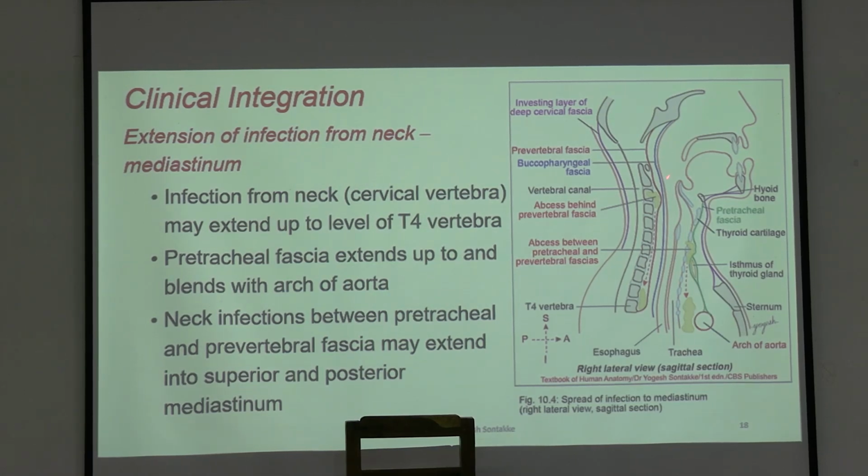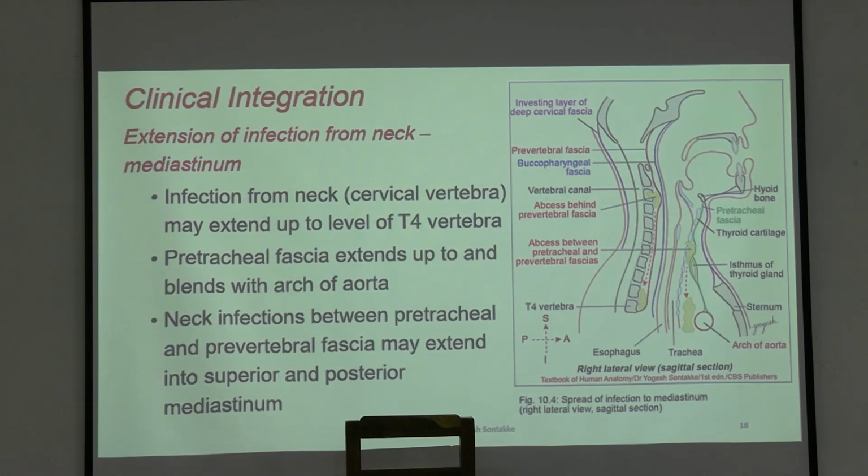So any infection in the neck, any pus or anything can trickle down from neck to the mediastinum. Similarly, any infection from the vertebra, in the cervical vertebra or anything, any abscess, it may trickle down. It can go up to the level of T4 vertebra.